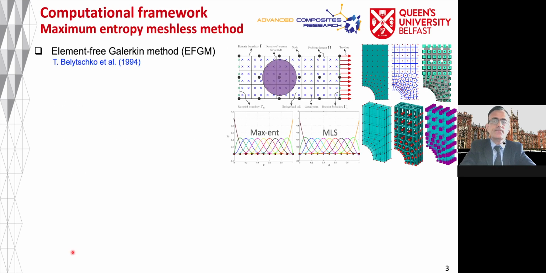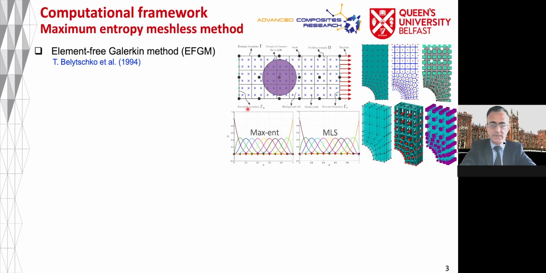Now, the element-free Galerkin method was proposed by Belytschko in 1994, and he used MLS basis functions, which do not possess the weak Kronecker delta property, and therefore the essential boundary conditions were implemented using Lagrange multipliers.